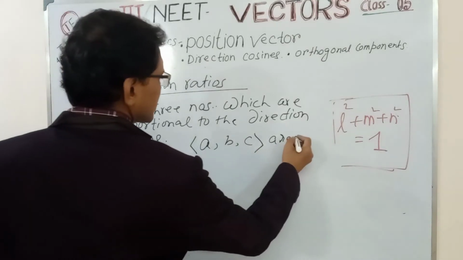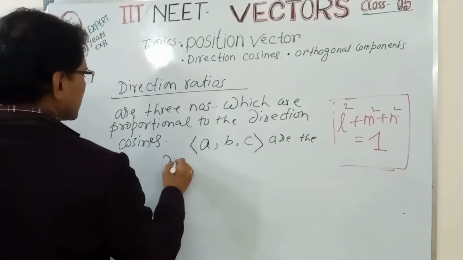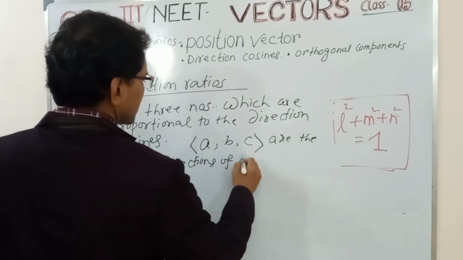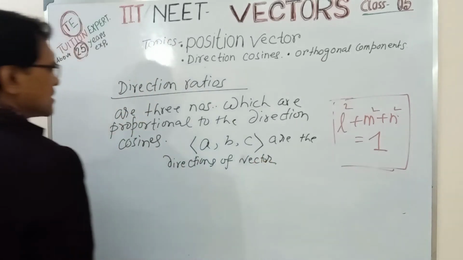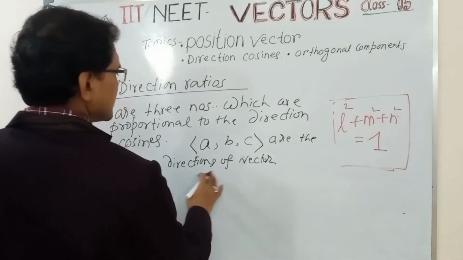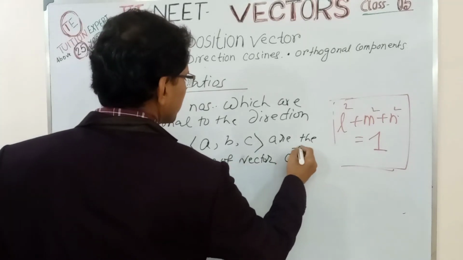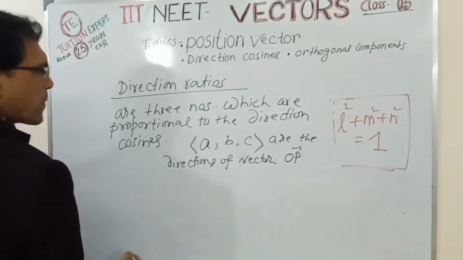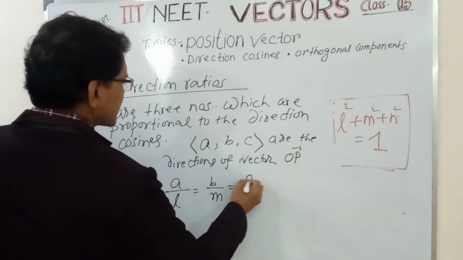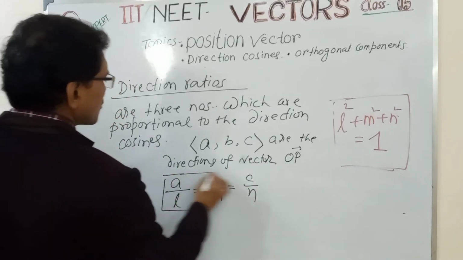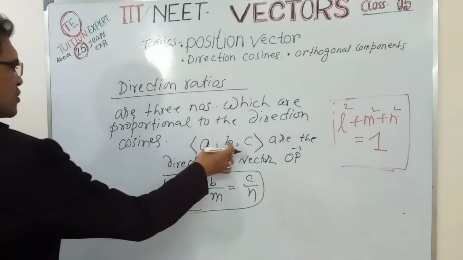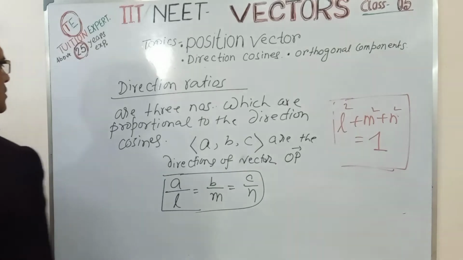If a, b, c are the direction ratios of vector OP, then a by l equals b by m equals c by n. This result holds. These are the ratios which are proportional to the direction cosines.